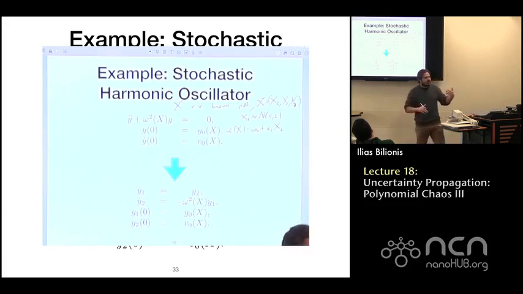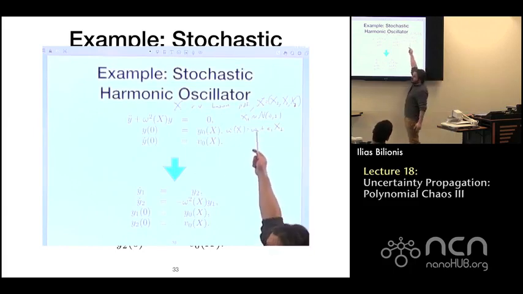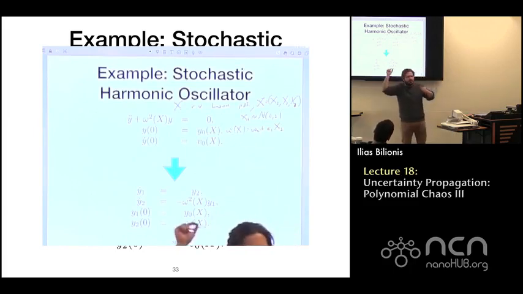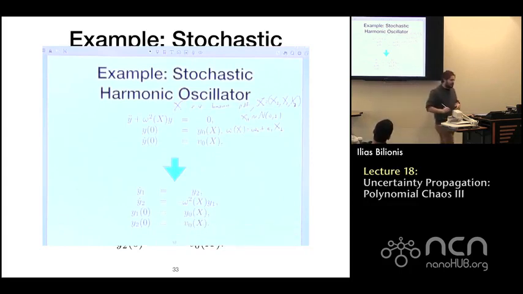So the natural frequency that you actually have is basically this nominal value plus a little bit of Gaussian perturbation. We don't know exactly what it is, but the perturbation is Gaussian.